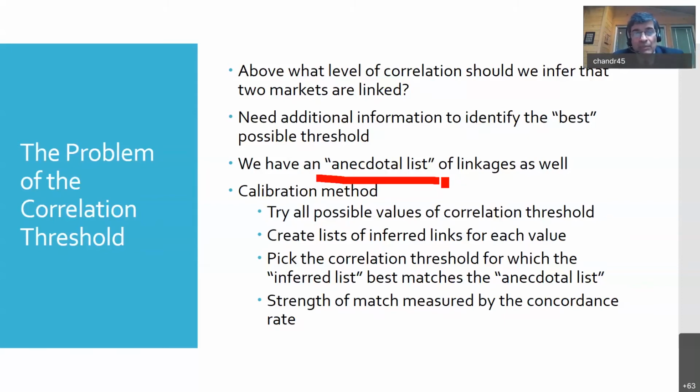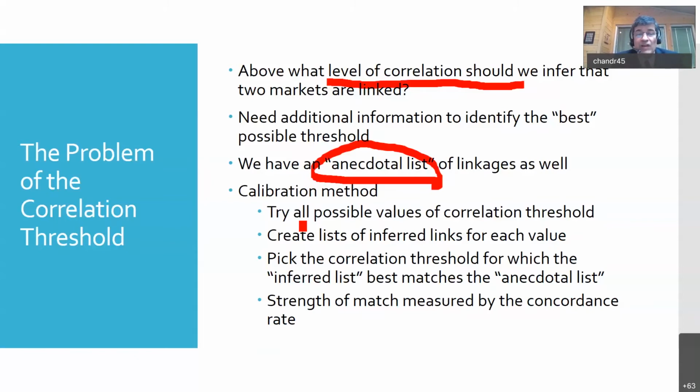So the calibration method that we use to figure out the optimal level of correlation in order to infer linkages between cities is this process of ratcheting up that correlation threshold. For each threshold, we generate a list of pairs of linked cities, and we compare each of those lists with the anecdotal list of linkages.